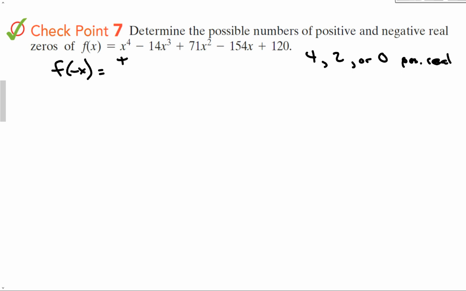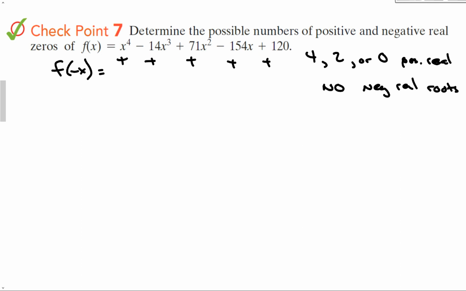Everything with an odd exponent is going to change signs. So I just like to give myself a little notation that for f of negative x, that's going to be positive, that's going to be positive, that's going to stay positive, that's going to turn positive, that's going to stay positive. So there are no negative real roots, because there's no sign changes.